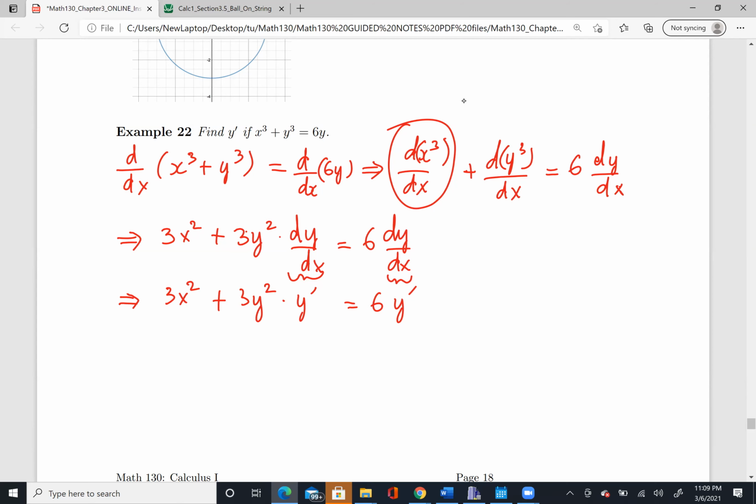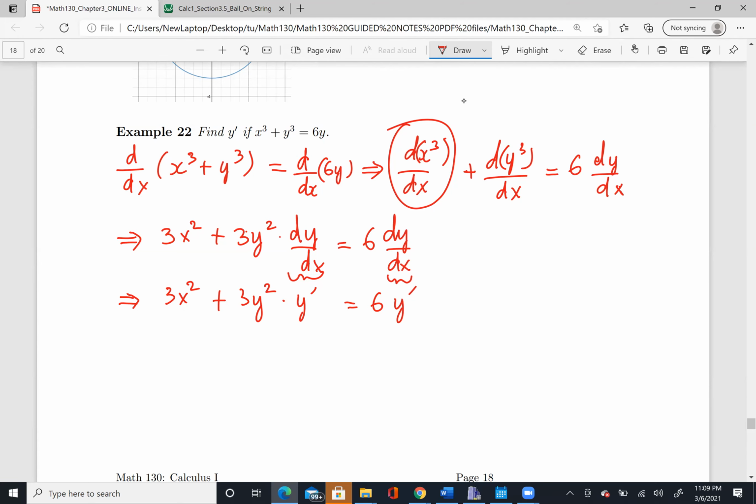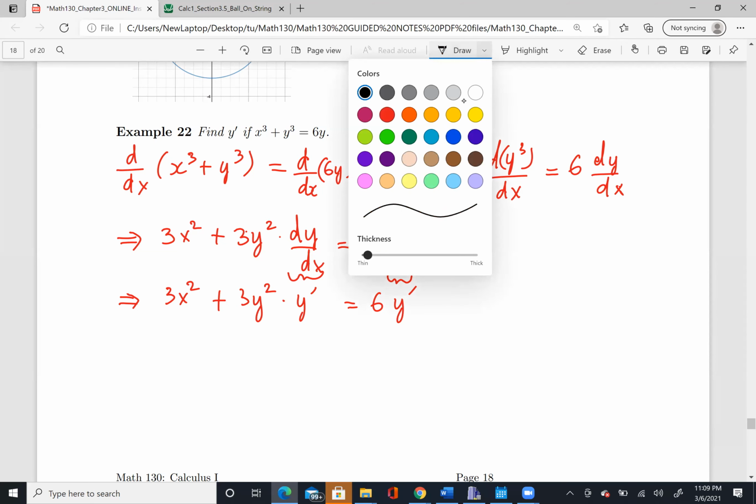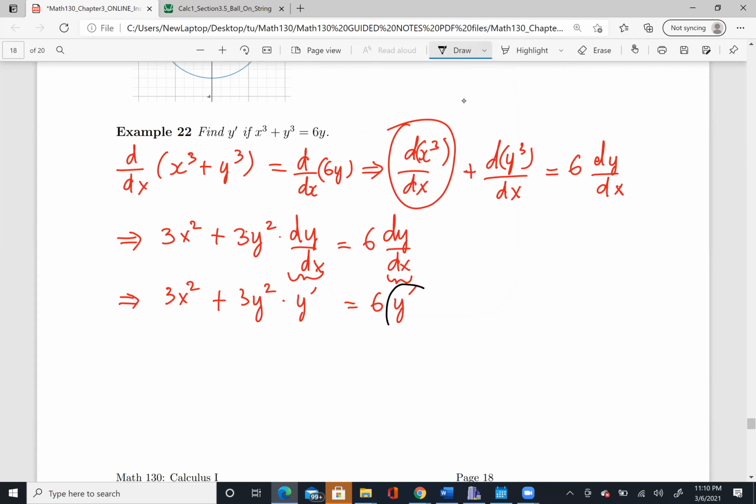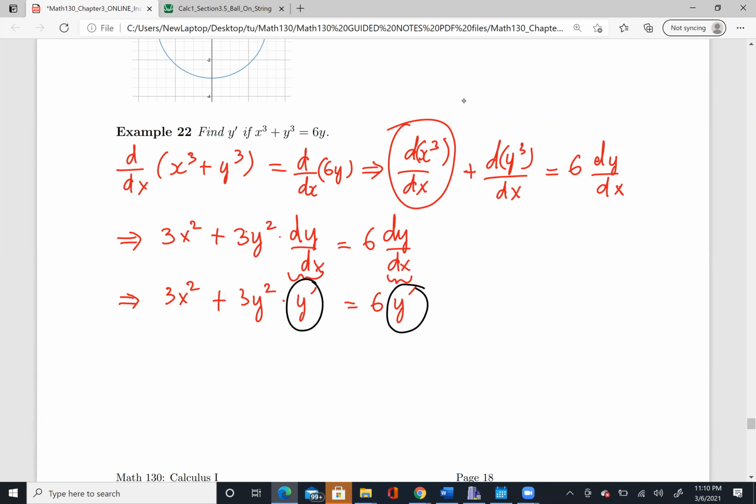Okay, so because I want to isolate this, I want to isolate the y prime, right? So I need to separate them onto one side. I separate all the terms that have y prime onto one side. So what does that mean?